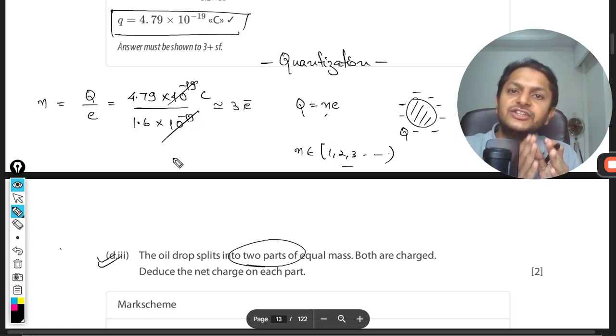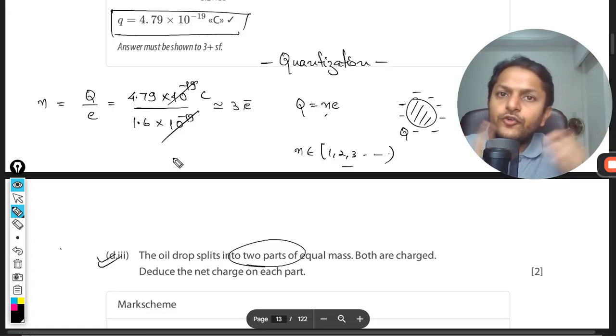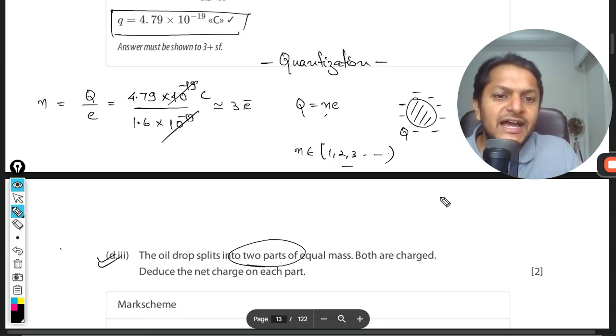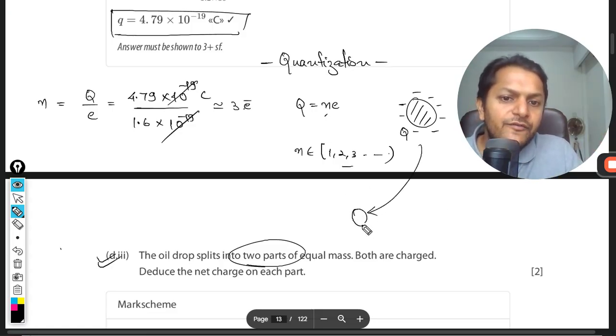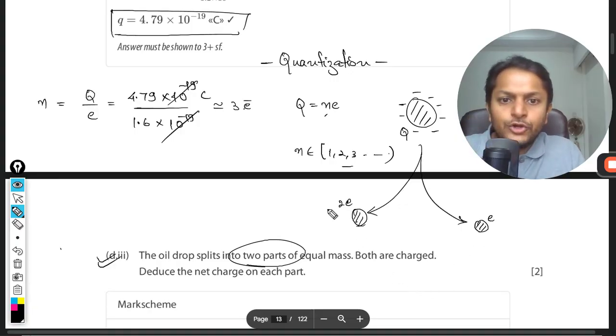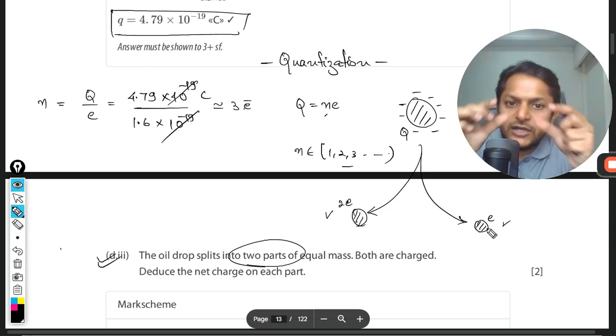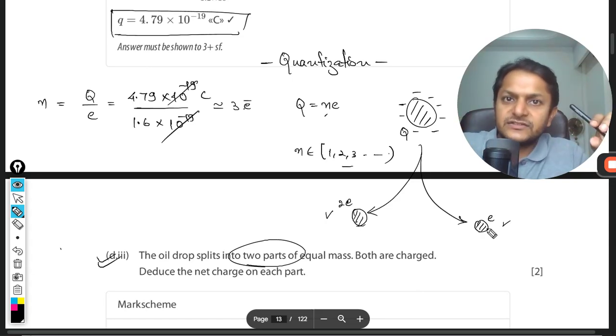Now you are dividing this drop. Of course, you cannot divide the electron. It means that one drop will end up having 2 electrons, and another drop will end up having 1 electron. Getting my point? This is how we divide these particles.